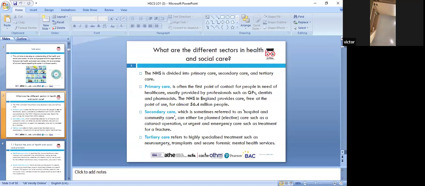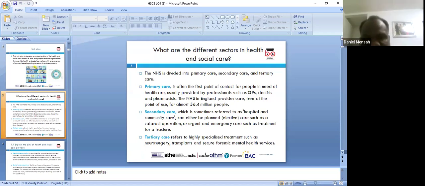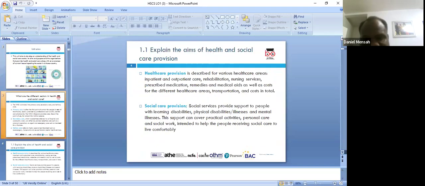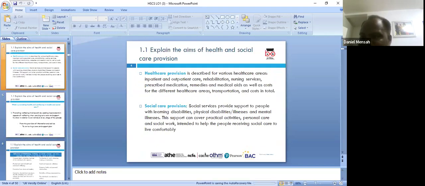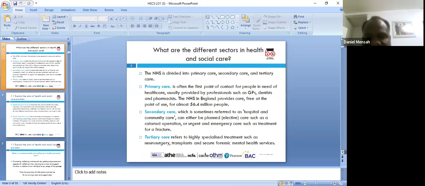Good. So one of the things we're looking at is the NHS, and the NHS has various functions and components that learners would have. We have the primary care, and then the secondary care, and then the tertiary care.